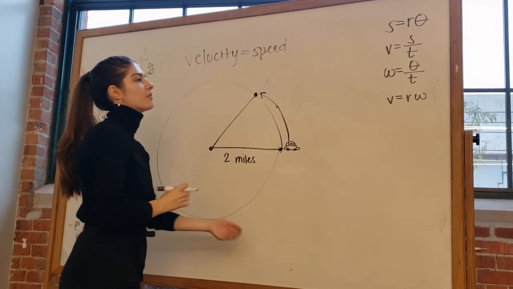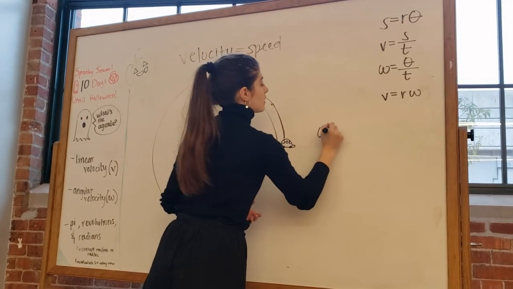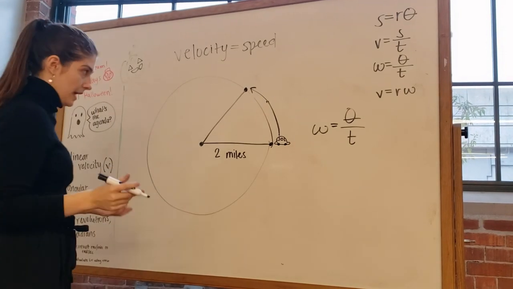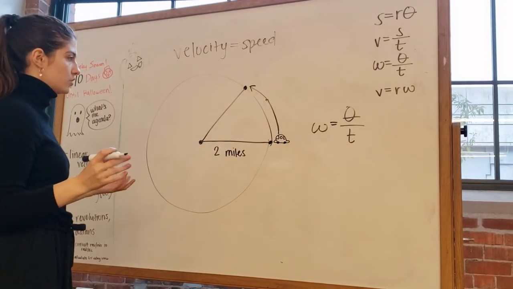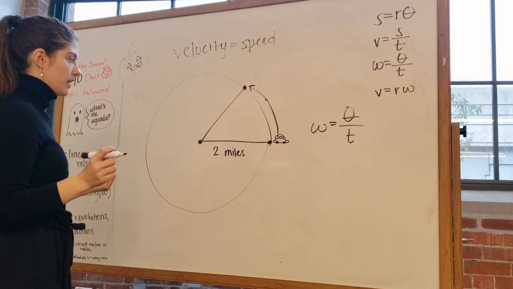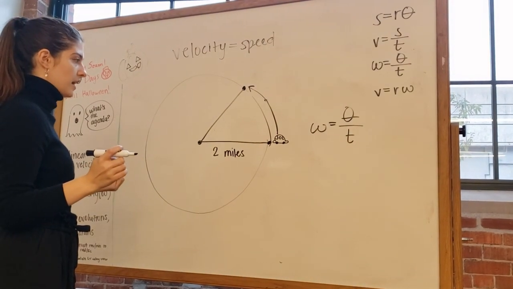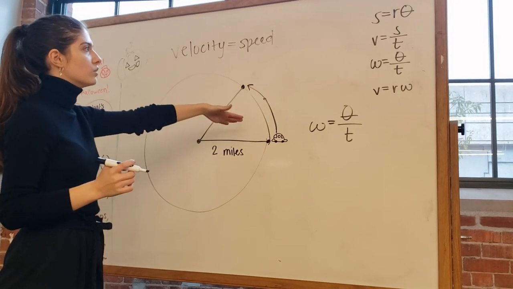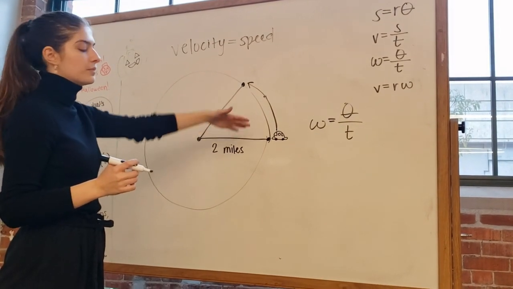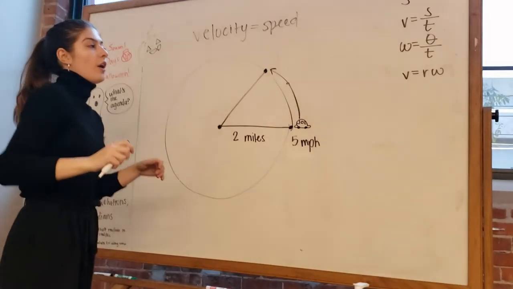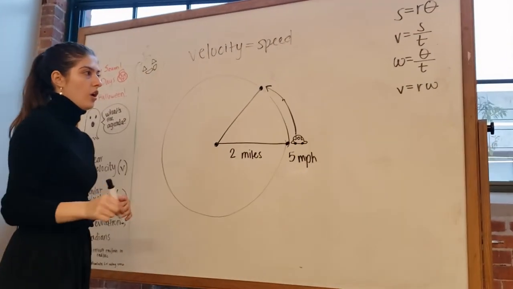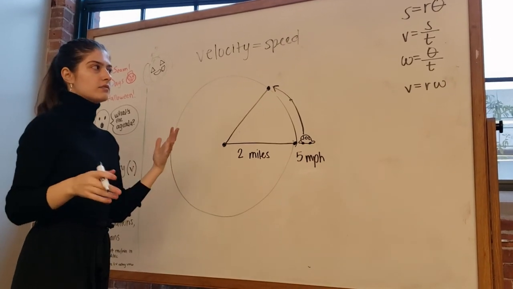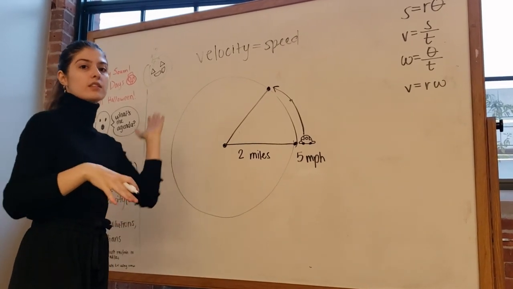So I'm gonna give you an example, right? So let's say, right, angular velocity is theta over time. All right, so we can actually use our linear velocity to find theta, to find our angular velocity.